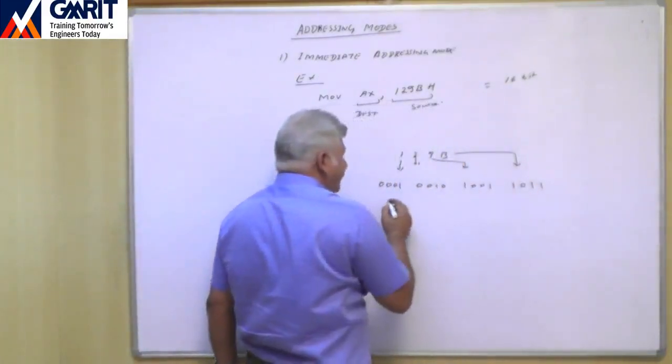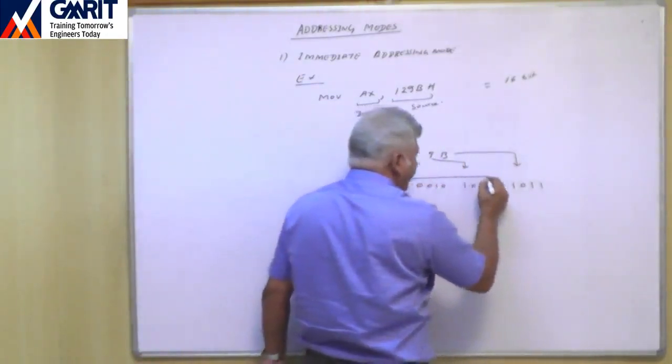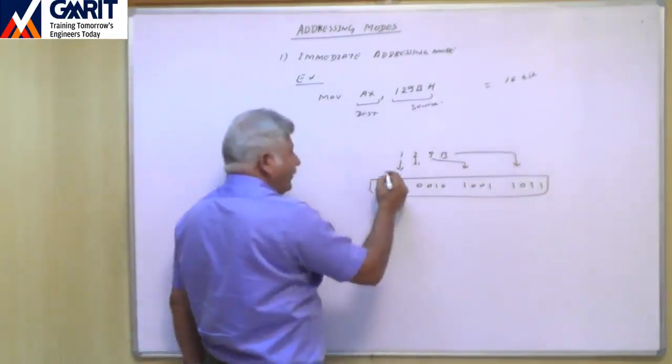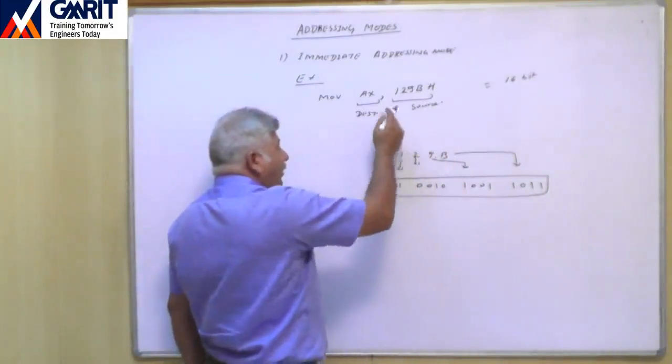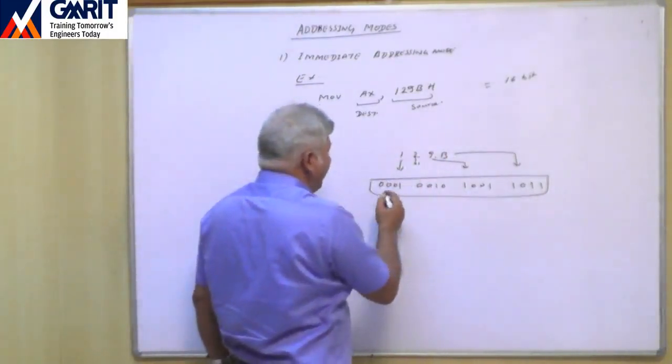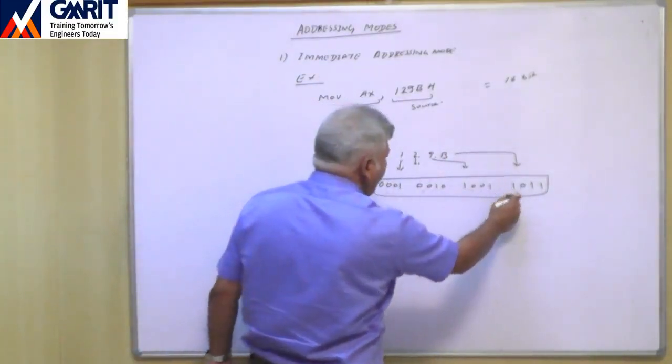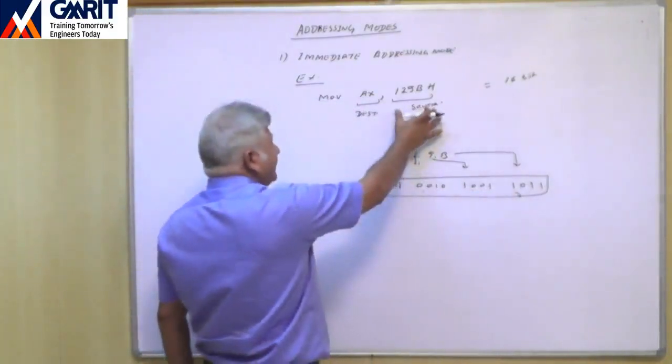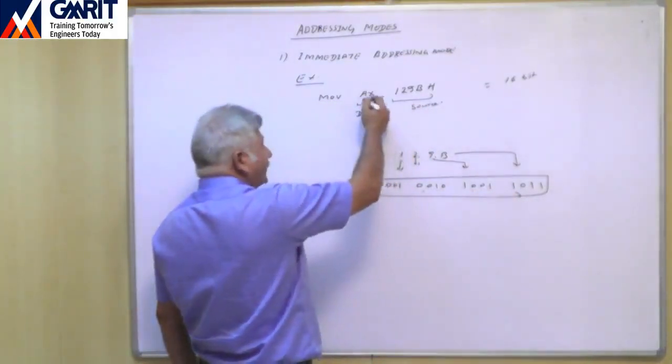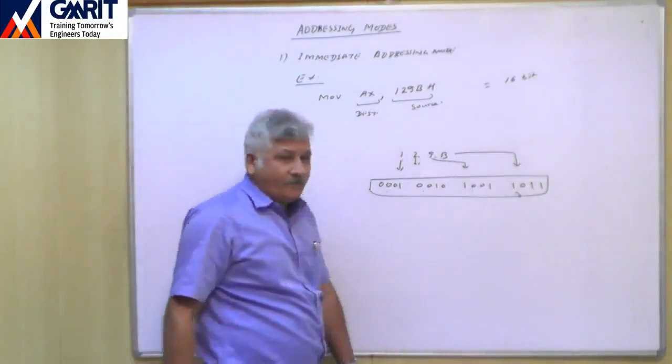So this is B. It is a 16-bit number: 4 bits, 4 bits, 4 bits, 4 bits. This 16-bit number will be moved into the AX register.